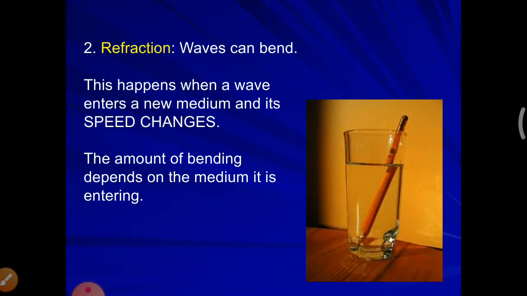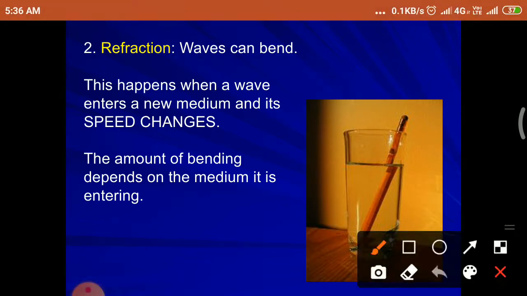What is meant by refraction? Waves can bend. This happens when a wave enters a new medium and its speed changes. The amount of bending depends on the medium it is entering. Look here, this is a diagram. Here I pour the water and above the water air is present.